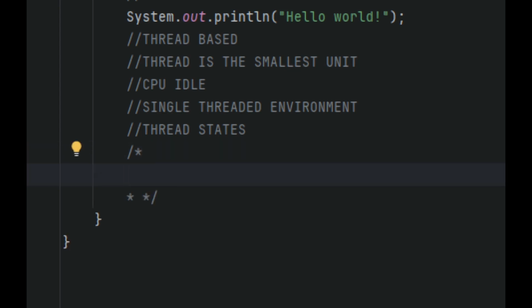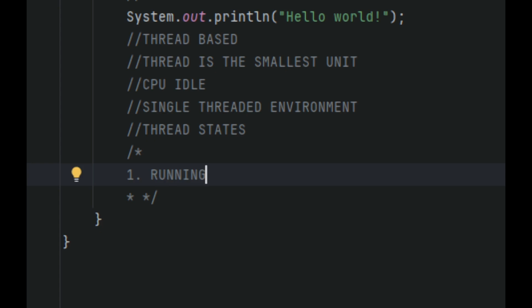So, threads exist in several states, and I'm just going to give a general description. The first one is a thread can be running. It can exist in a running state.